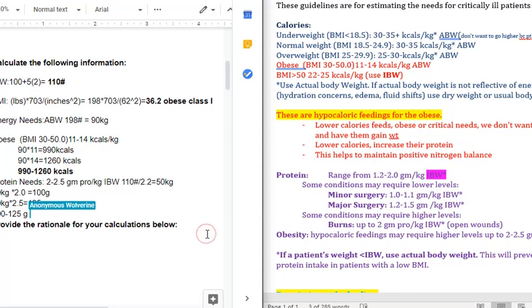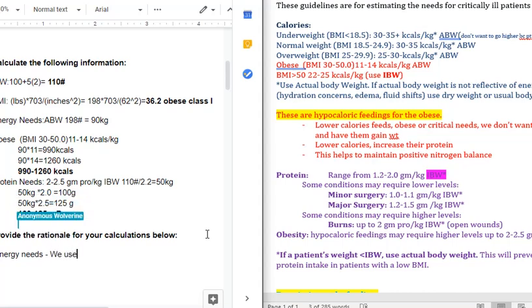Okay, so for your energy needs, using hypocaloric feedings.